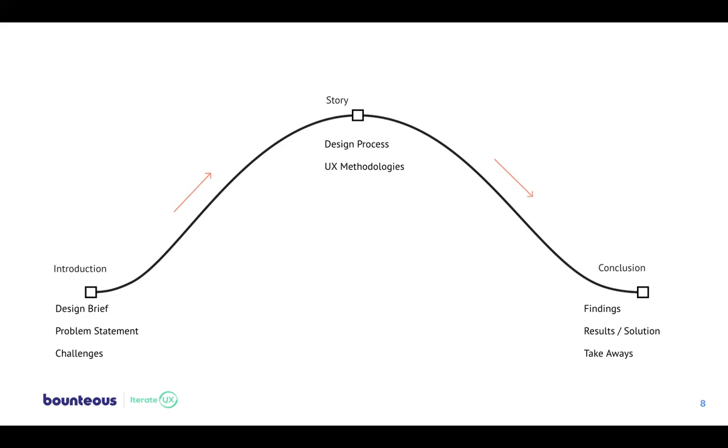Next comes the story, the crucial middle part, which is your design process and your UX methodologies, whatever you've used in the design process. And as you all know, no story is good without a perfect conclusion. The conclusion includes the findings, results, and takeaways. You can even call them your learnings from that particular project. It could include anything, which I will go into in detail in some time. Any questions so far before we move on to the next chapter?